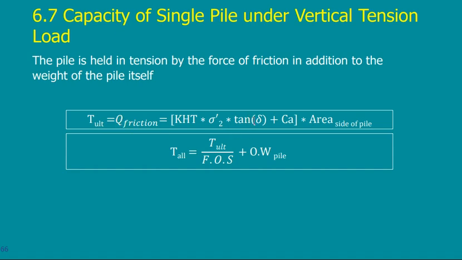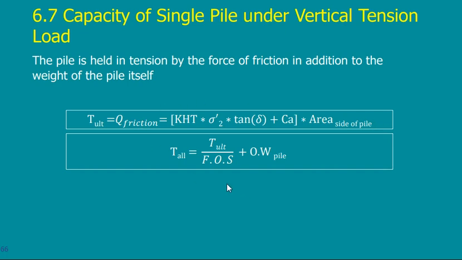And the load due to friction, if I use my first equation, is KHT multiplied by the rest, and so on. So all of this, I will take only this friction load.